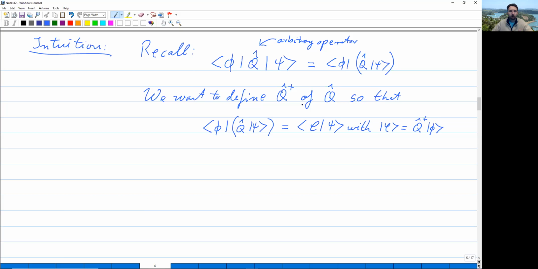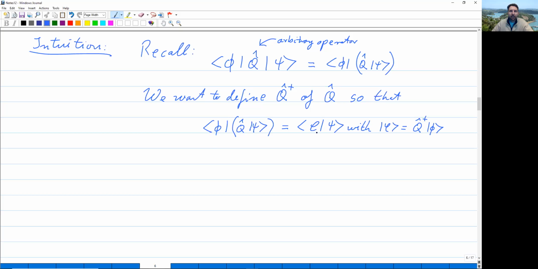Okay, so what did we just write down? We said that when q hat acts to the right on psi, then we should alternatively be able to have an operator that acts on the phi instead, and then we get the same inner product.